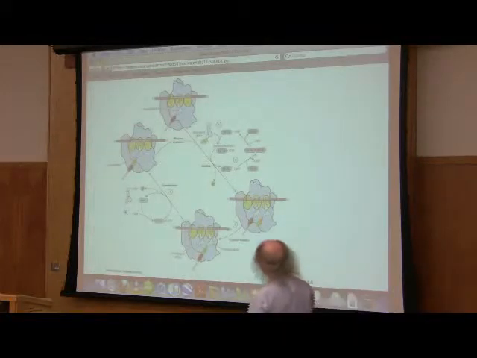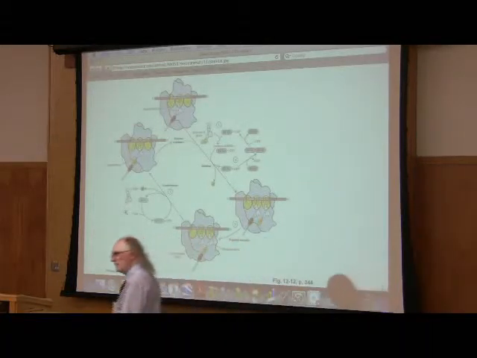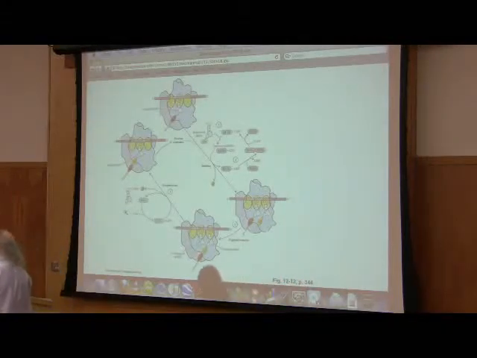Now you might wonder, why does it cleave GTP? Well, it turns out that when EF-Tu brings that tRNA to the ribosome, it's covering up the bond between the amino acid and the tRNA. It's actually sitting on top of it, and to get it off of there requires energy.